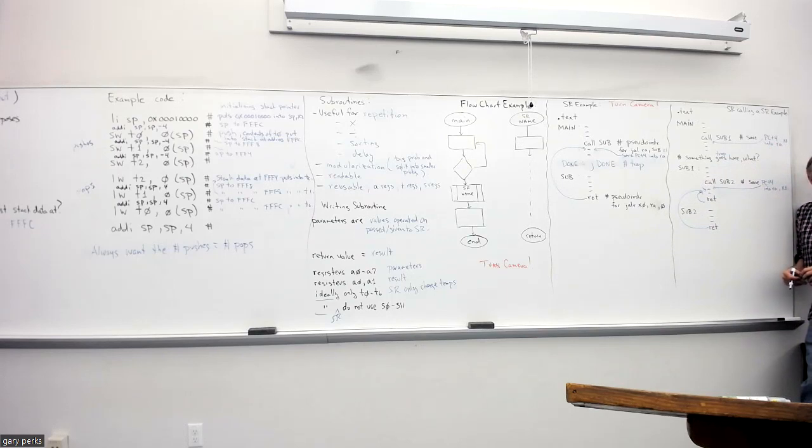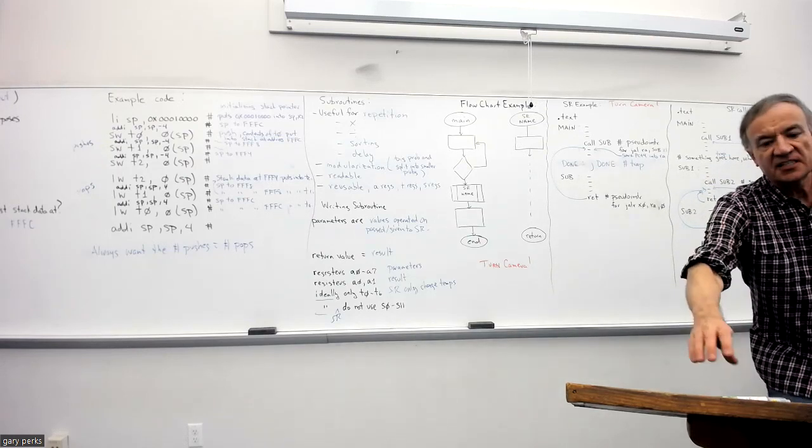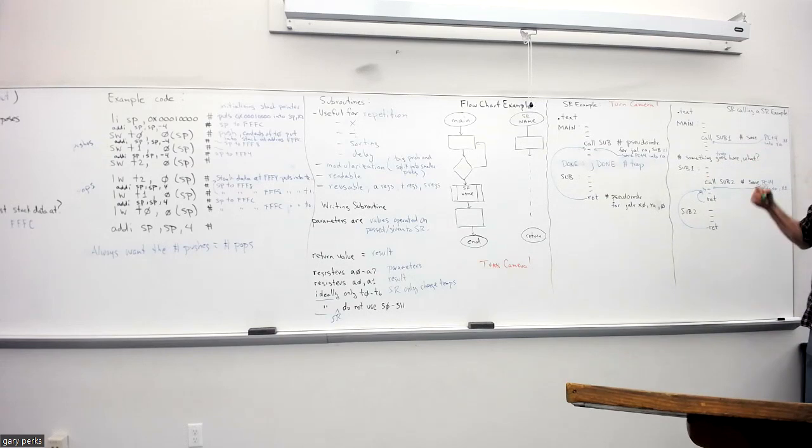Well, the stack can solve the problem. Because to solve this, I can use the stack. Right here, the first instruction of this subroutine 1, I push RA to the stack. So I'm going to take this return address for the main and put it on the stack.